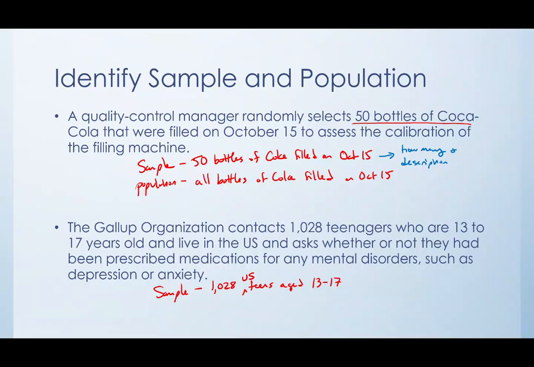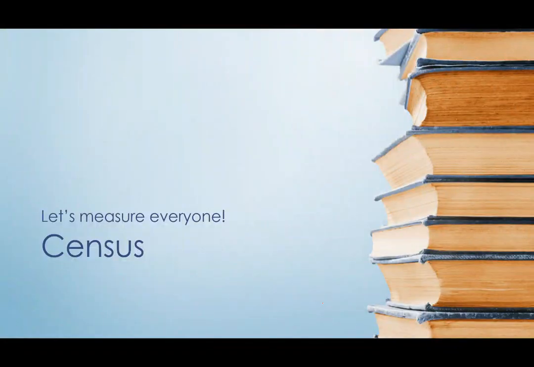There we go, that's it. And the population, we would assume here, all U.S. teens 13 to 17. Okay, the rest of it gives you information about the variables that are being measured, but we're not being asked about that right here. Okay, so that's a good place to break, and we'll talk about the census next.